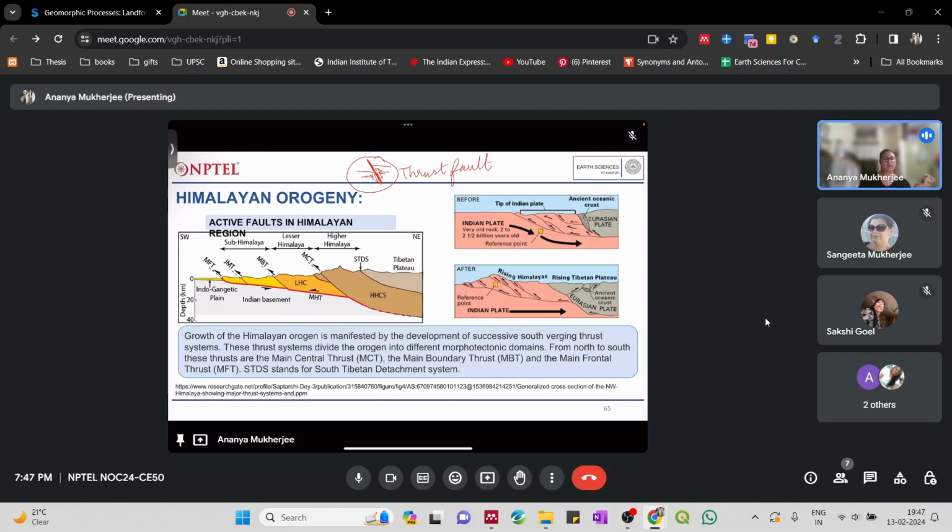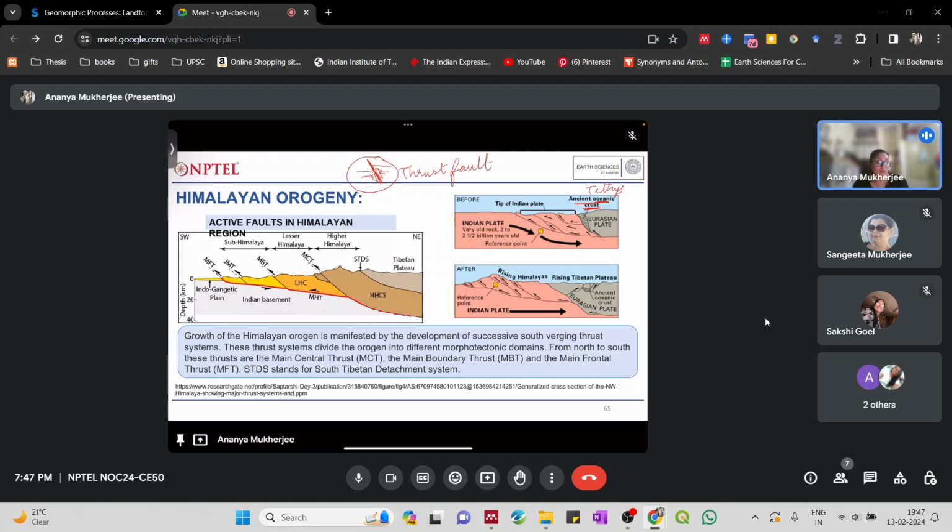I think there are some lectures later on which explain the different kinds of faults that we have. You can see that before the collision, this oceanic crust here belonged to the Tethys Ocean. We had discussed that the Tethys Ocean was present between the Indian landmass and the Eurasian landmass.